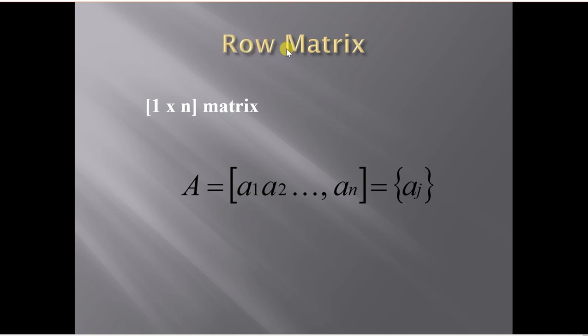It may have any number of columns. So it is a 1 by n matrix. The elements will be A11, A12, and like this. So we can write A1, A2, An simply, because we know that it is having one row only.